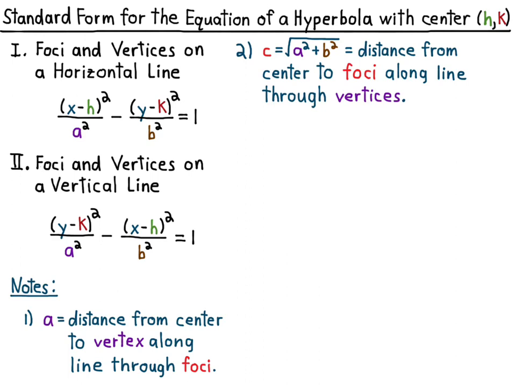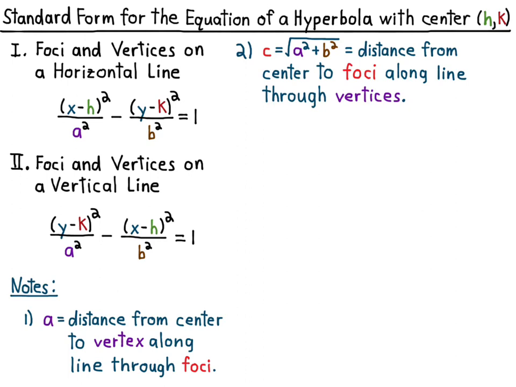Remember, for ellipses, a was always the larger number, larger than b, and we had c equals the square root of a squared minus b squared. For the hyperbola, it's a squared plus b squared. This is equal to the distance from the center to the foci along the line through the vertices.